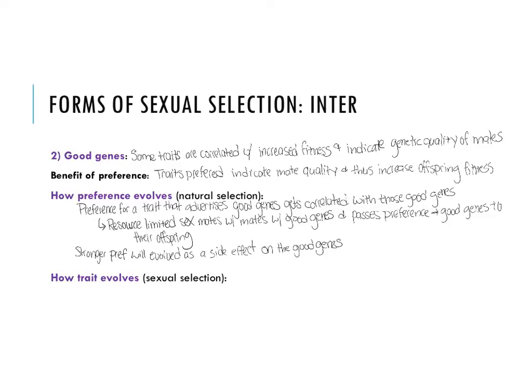How does the trait evolve? That's sexual selection, and that's actually the easier thing to understand. So individuals with trait indicating good genes are preferred by mates, right?